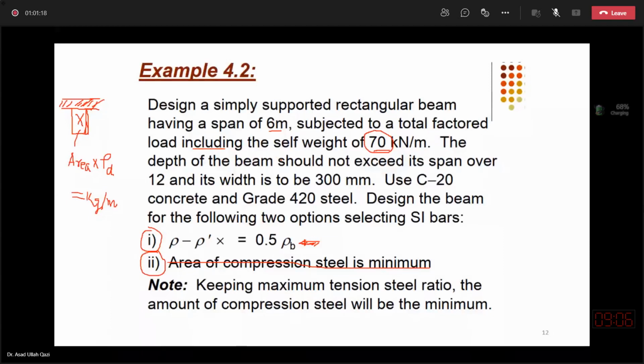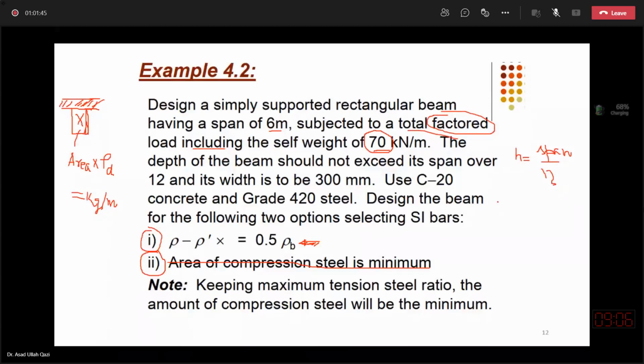Now, it is further stated that the depth of the beam should not exceed its span by 12. So this gives you a hint that the question wants you to finish your beam within a span by 12 height, which means 6000 over 12.